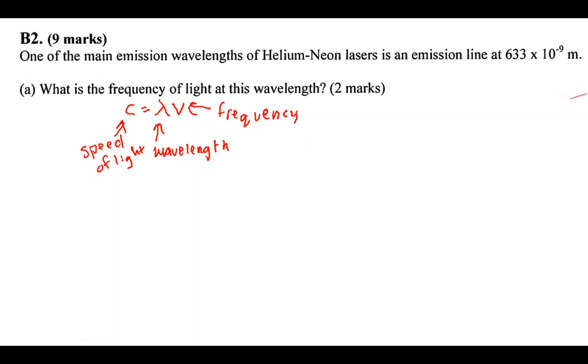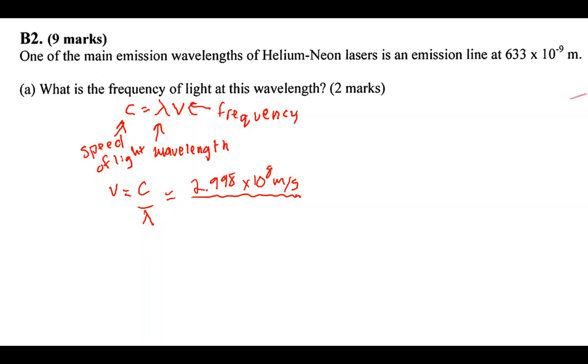So, in order to isolate for this, we need to divide both sides by lambda, so we'll get v is equal to c over lambda. So then now it's just plugging our numbers in. So the speed of light in this case is a constant, so that would be 2.998 times 10 to the 8th meters per second.